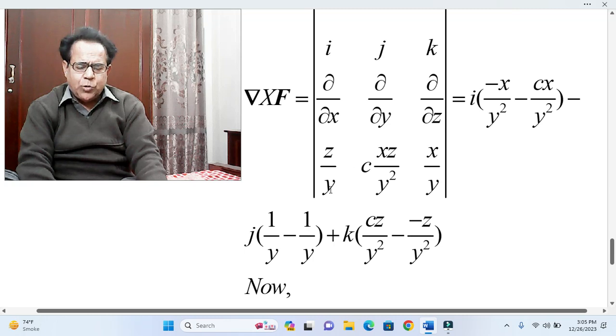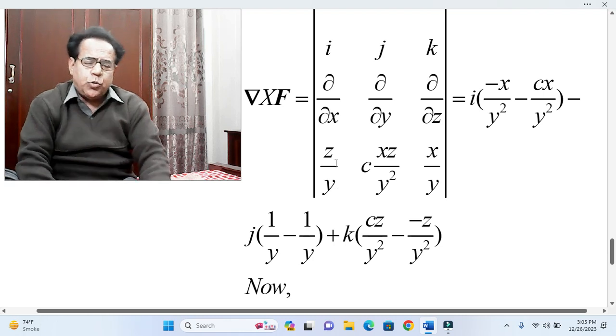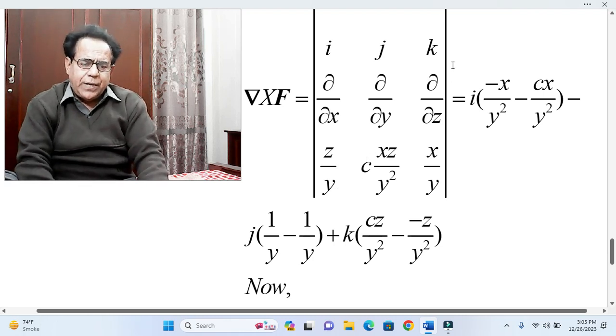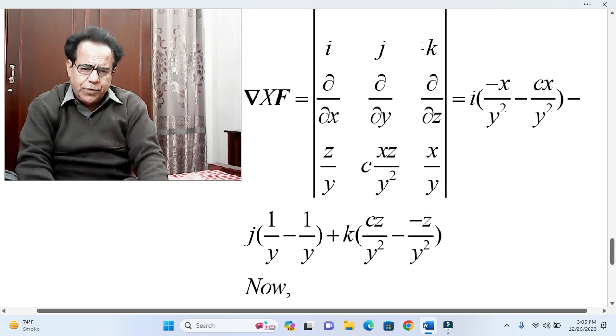Here in place of y we will get 1, that is z over 1, simply z. No, sorry, yes, when we are dealing with k, third column and first row will be omitted, and hence partial over partial x, here in place of x we will get 1, so cz over y square, minus partial over partial y.